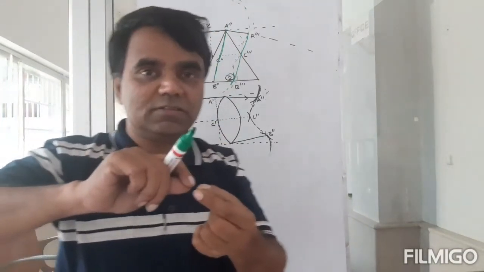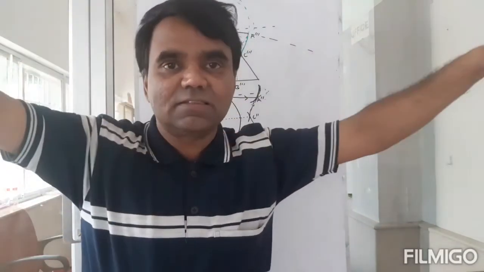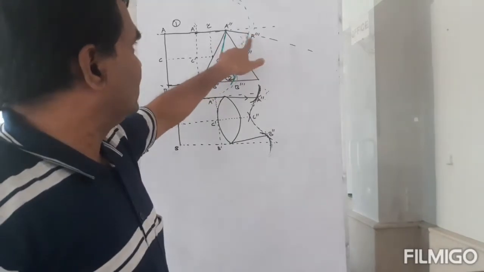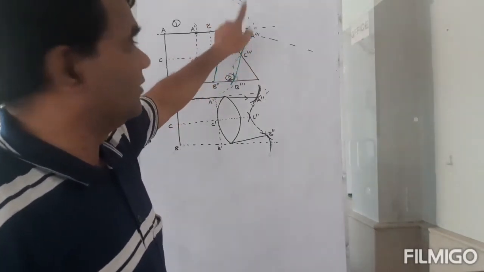So the common tangent is important. From the point source, the wavelets propagate, but the wavefront is the common tangent of all these secondary sources. So you may say A double dash is present everywhere.